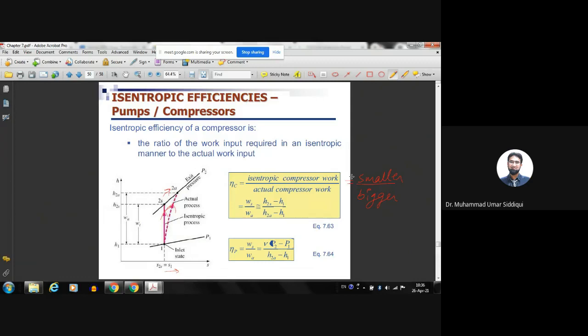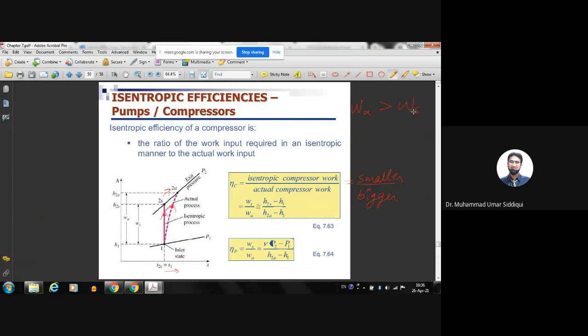So if there are losses in the system, the actual work input for the case of the compressor would be larger than the isentropic work input, because these are the work inputs. If there are no losses, then less work input is needed to raise the pressure.